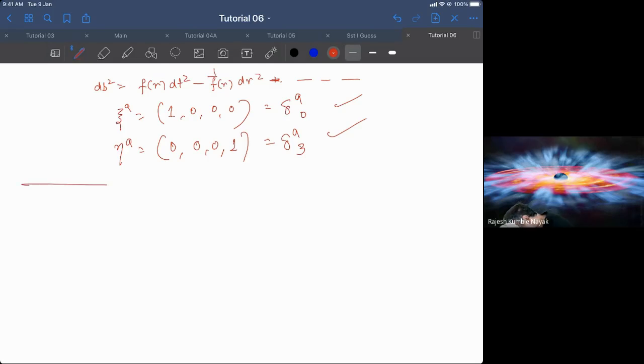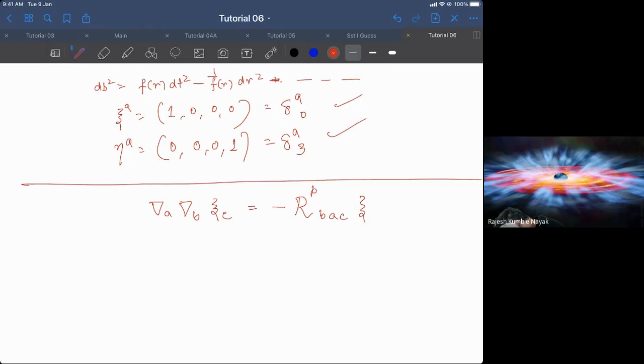But let's leave that. One exercise I want you to do is that del_A del_B xi_C, okay, so this leads to minus R_P, then you have b a and then c xi_P. I might have flipped some indices, but that would lead only to a negative sign.